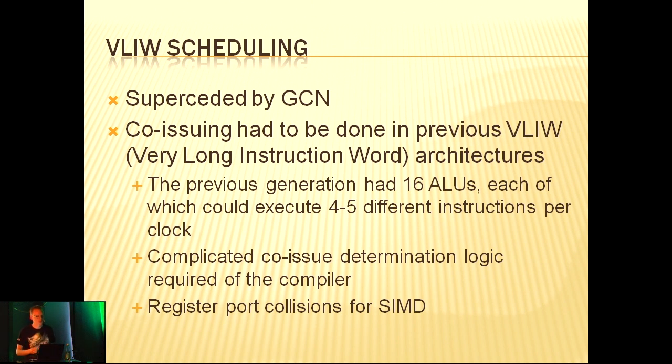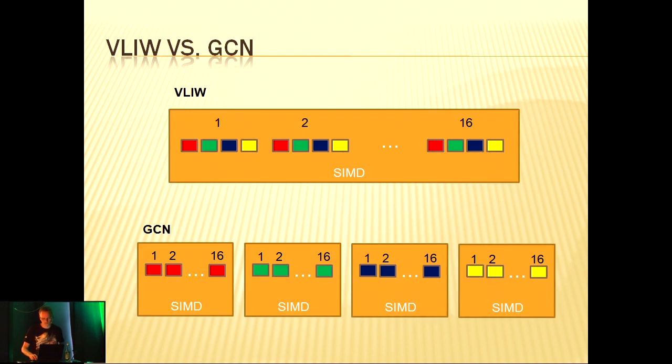Another problem was port collisions, for instance. The wavefronts had to be aligned so that you had instructions not colliding with each other in the execution pipelines, in terms of the register ports that we were using. So this is an illustration of what is happening here.